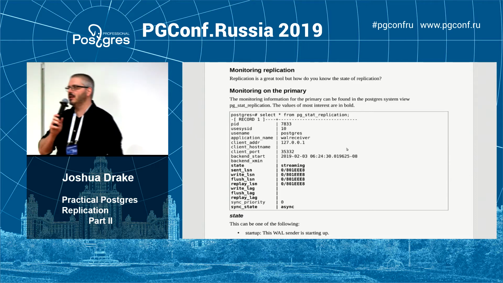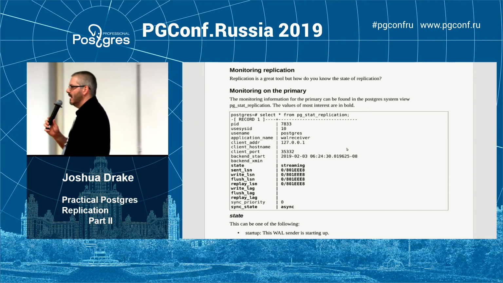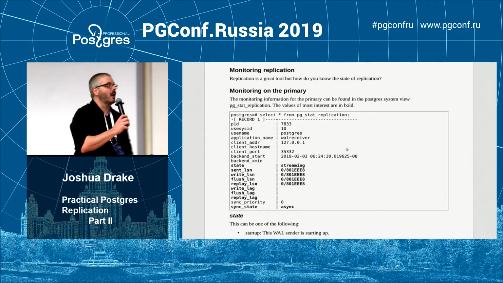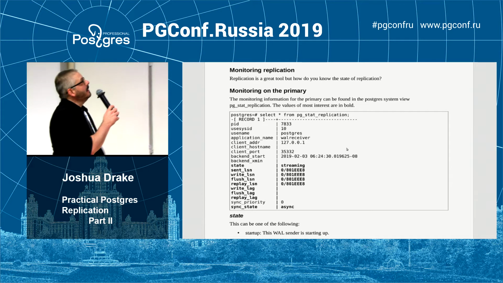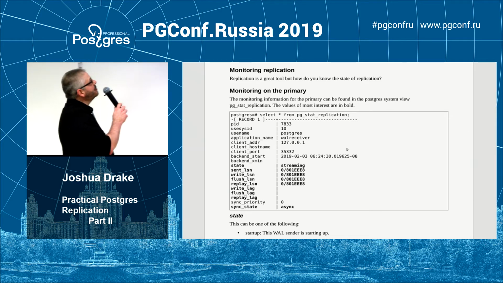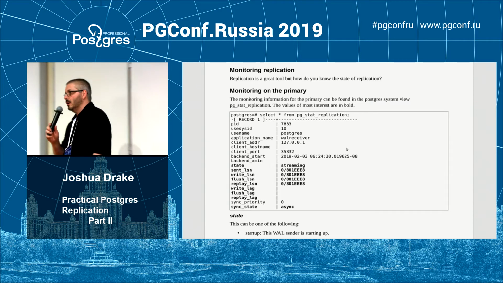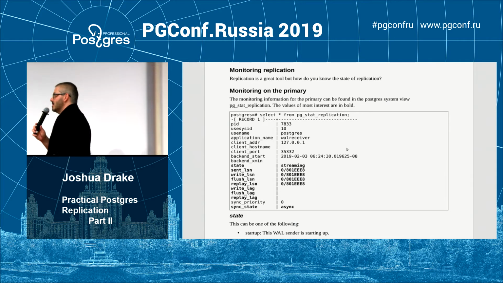I am actively connected. I have a slave or a secondary actively connected. I know things are being processed. And then, who is my username that's connected? Postgres. Remember, we do connect as a user to receive the replication changes.